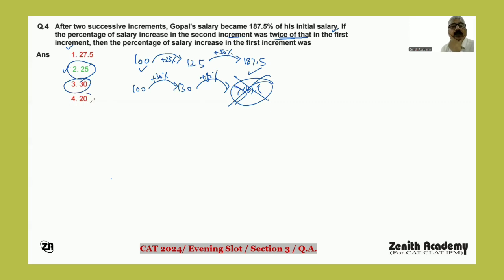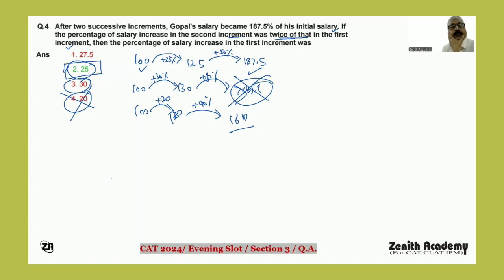If you take this 20, then 100 is 120, and then plus 20, so now it is 40%. 40% of 120 is 48. 120 plus 48 is only 168. It is less than this. So this is not your answer. And already you know 25 is, I'm simply checking the options. So with the options, you can do it faster, right? This is one way.